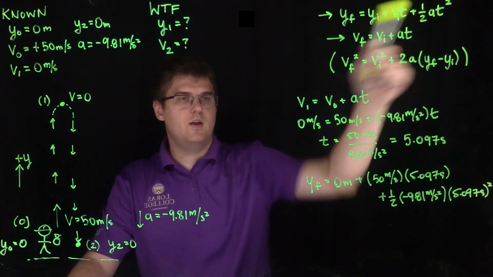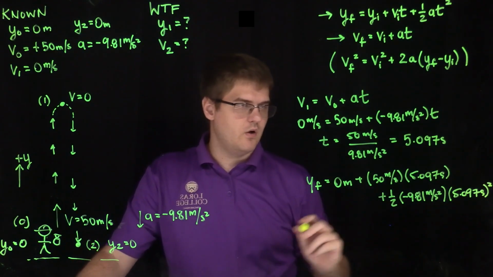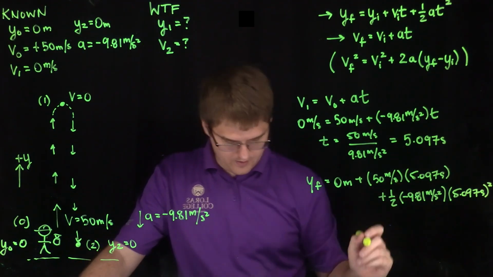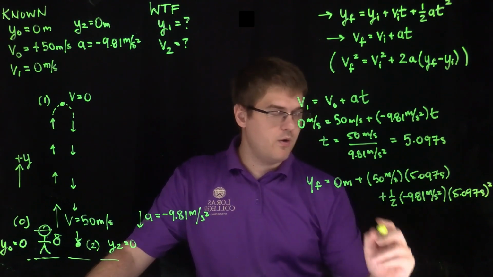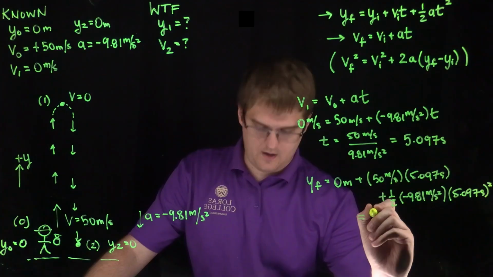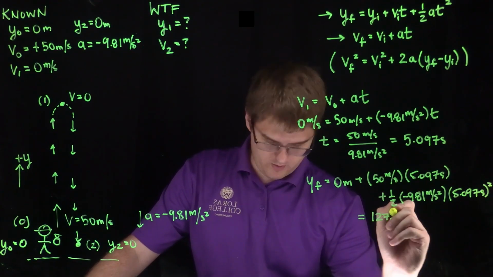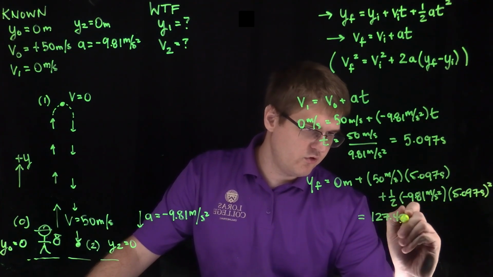Apologize for missing that. If you were taking notes, please add that back in. So 50 times that. This is a calculator problem at this point. Everything's just plug and chug. This will give me an answer of 127.42 meters.